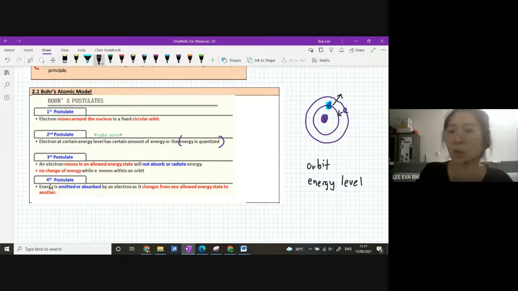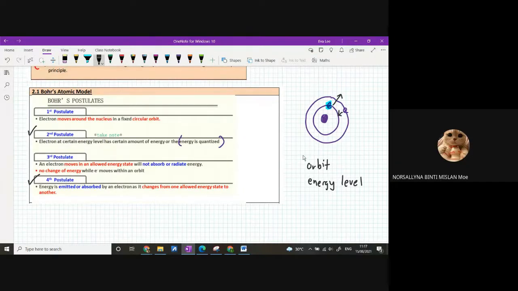So this is our fourth postulate. Keempat postulate ini awak mesti kena tahu dan faham apa cerita dia. So dekat sini, our second postulate and also fourth postulate involve calculation. Is everyone okay? Yes.